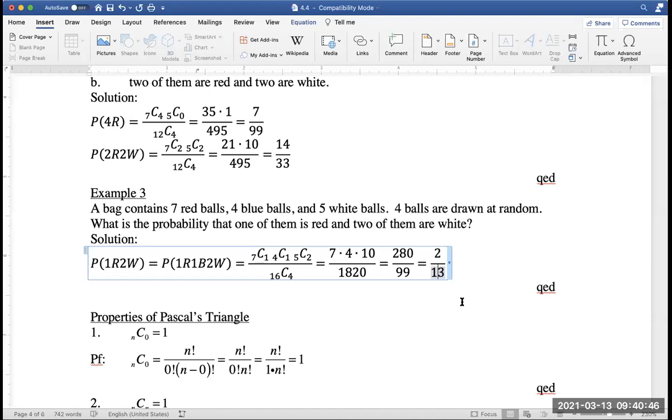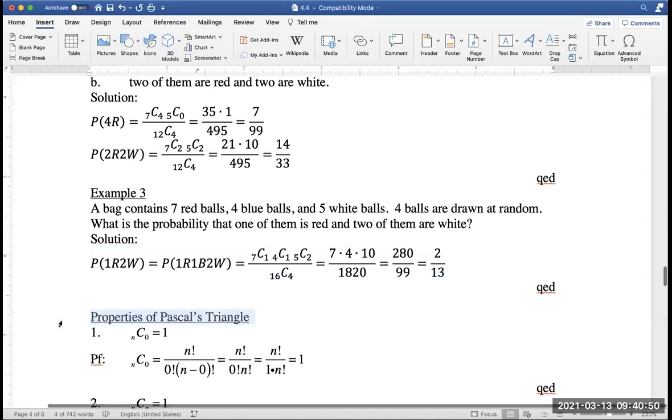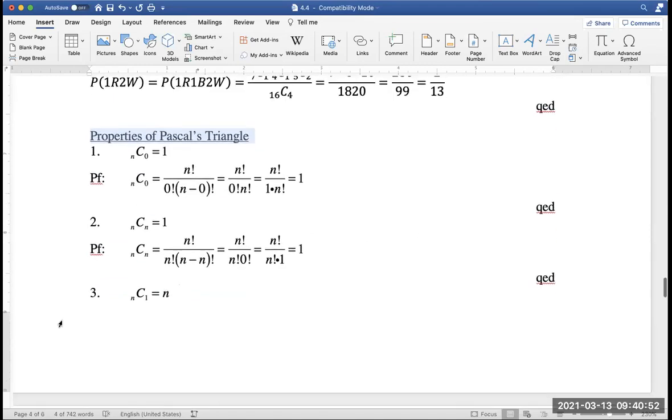Okay, so let me show some properties of Pascal's triangle. So first, that NC0 is 1.